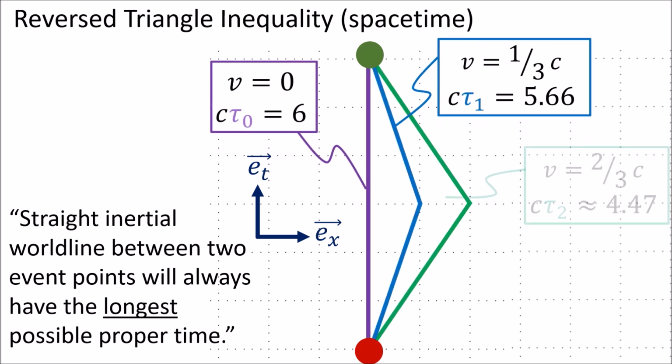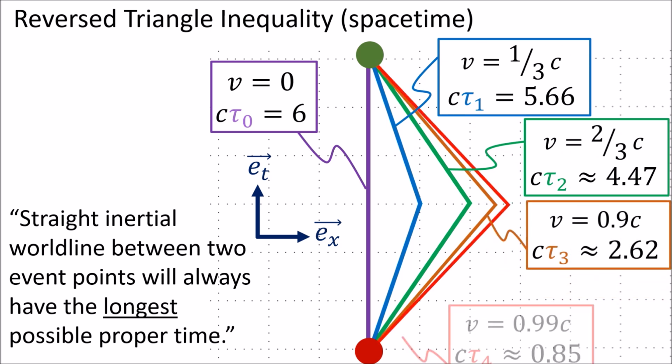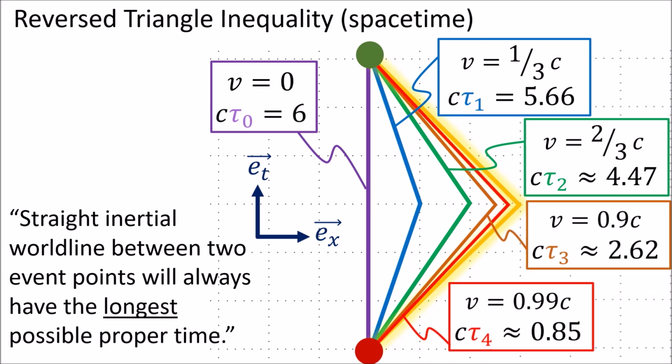Each world line will have its own clock and its own proper time. The straight inertial world line will have the longest proper time of all of these world lines, because of the reversed triangle inequality for time-like vectors in space-time. The other world lines will have shorter and shorter proper times the more bent the world line is, approaching a proper time of 0 as we approach the speed of light.